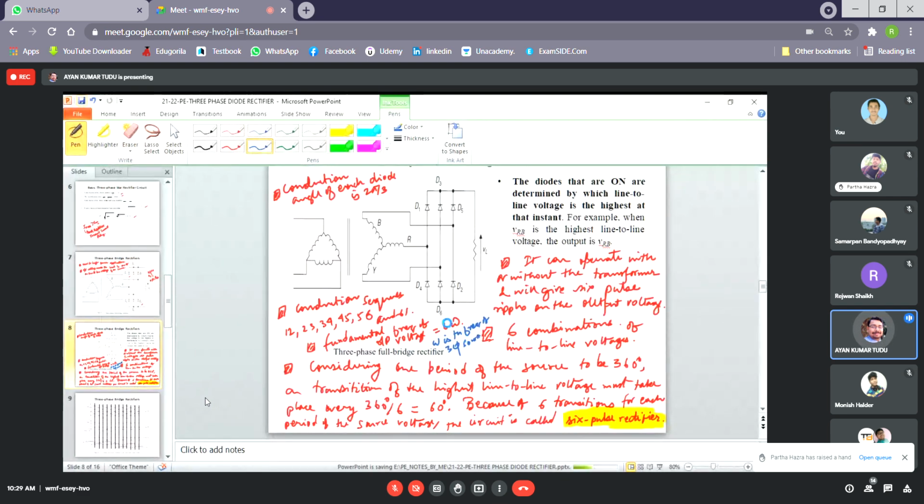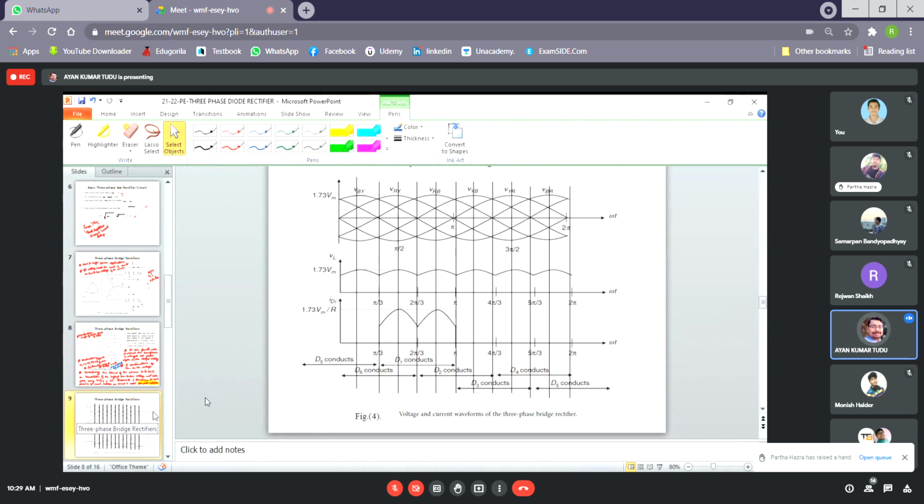Okay, so now let us see the three phase bridge rectifier voltage waveforms. As you can see, the voltage waveforms and the current waveforms are given. Again, this is the output voltage and this is the current for one sequence. D6 and D1 conduct up to this portion, and from this portion D1 and D2 are conducting.